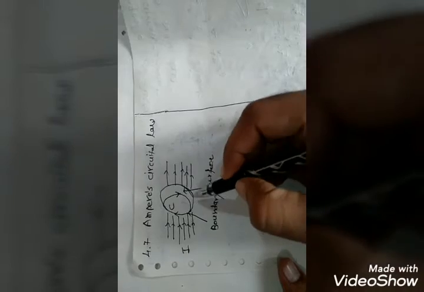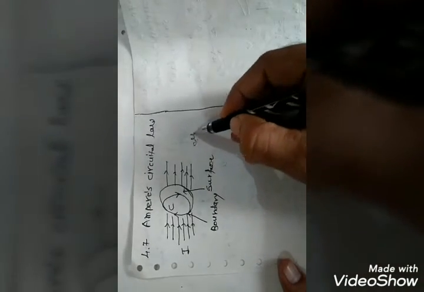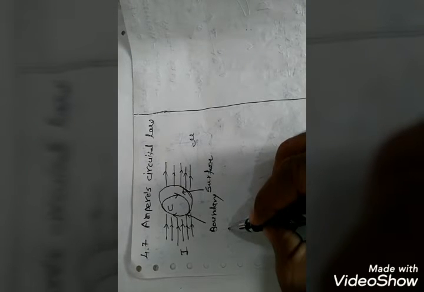Consider one small line element dl. We take the value of the tangential component of the magnetic field, Bt, and multiply it by the length of that element dl. So note down, Bt dl is equal to B dot dl.